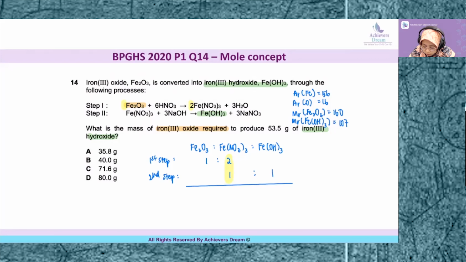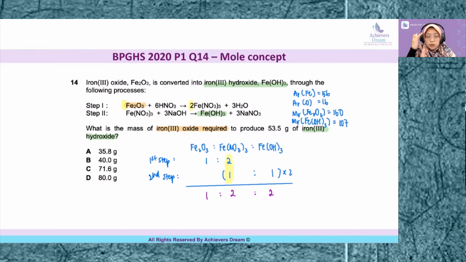So you multiply the mole ratio in the second step by 2, and your overall mole ratio will be 1:2. From here, you realize that 1 mole of iron 3 oxide produces 2 moles of iron 3 hydroxide.